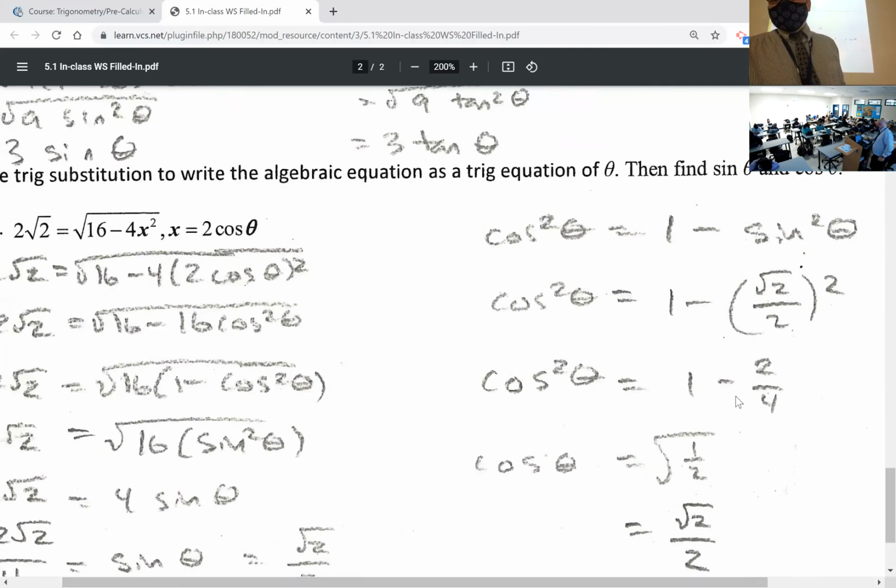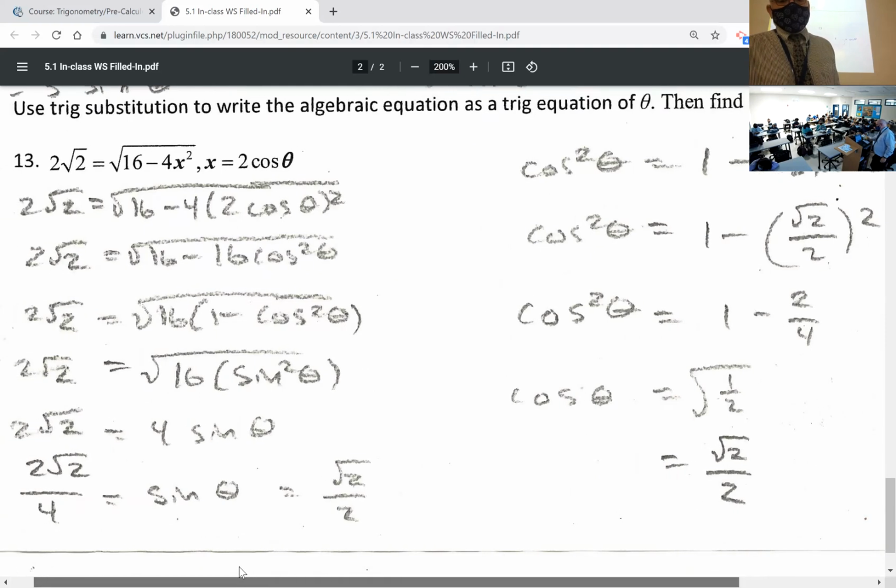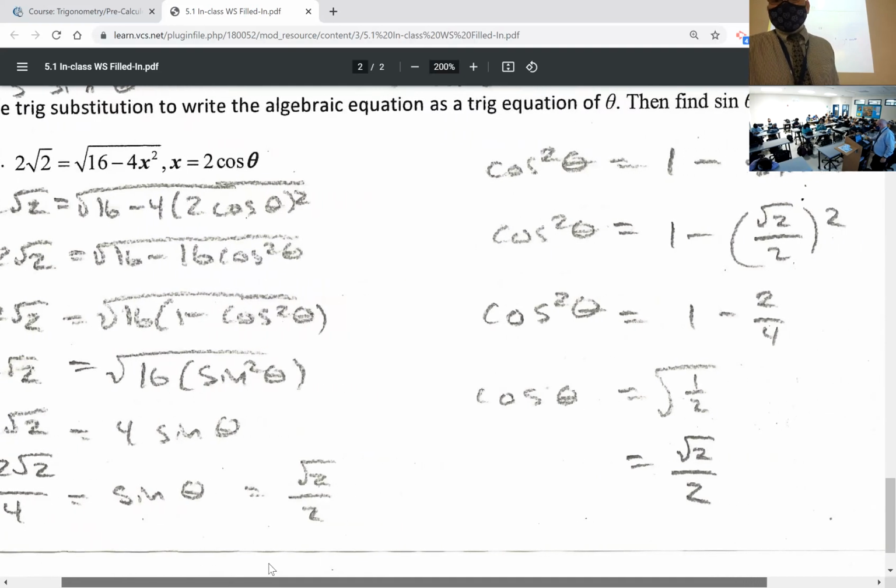So cosine squared is equal to 1 minus 2/4, or 1/2. So cosine is equal to the square root of 1/2, which is equal to the square root of 2 over 2. I probably won't have one quite that tricky on a test, but it's good to play with these just to understand.